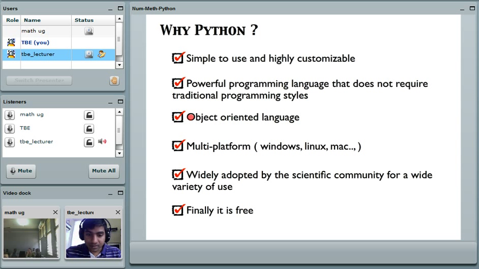The final thing, that it is free, makes it more appealing, in the sense that you do not pay anything from your pocket to work on this very beautiful language. So this is my view about why people should use Python.